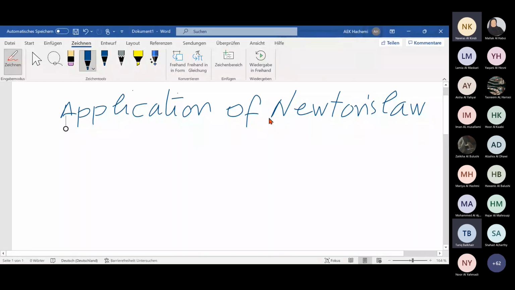Then we have here along the x2 direction.